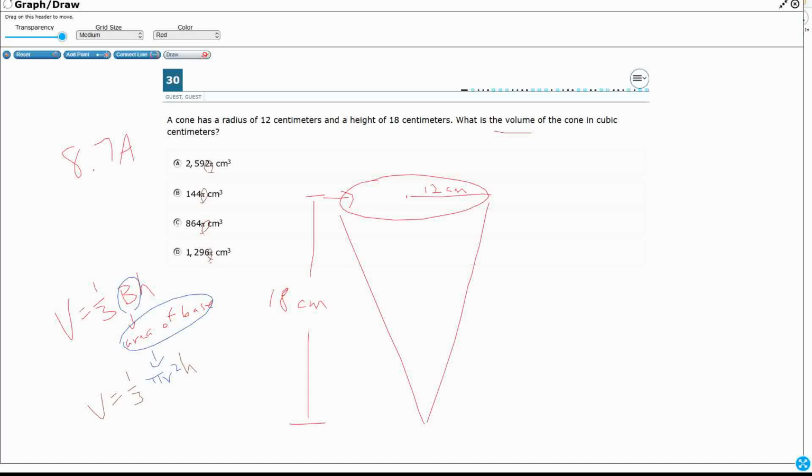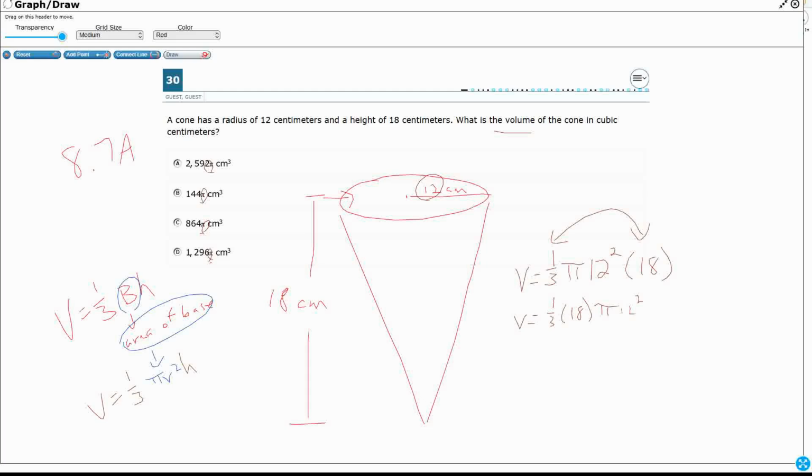So let's start substituting. So volume equals 1/3. I'm going to keep that pi in there. What's my radius? My radius is 12. 12 squared. And then my height is 18. So I'm just going to go ahead and do that right there. What is 1/3 times 18? I'm going to rearrange that. I can use the commutative property to rearrange anything I'm multiplying.